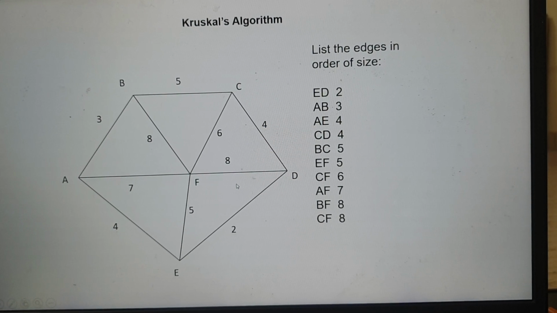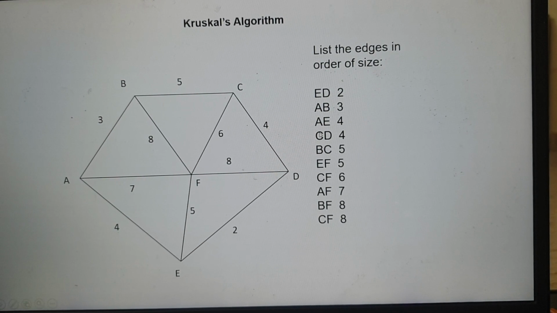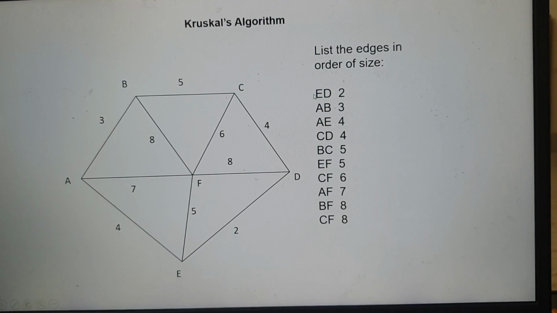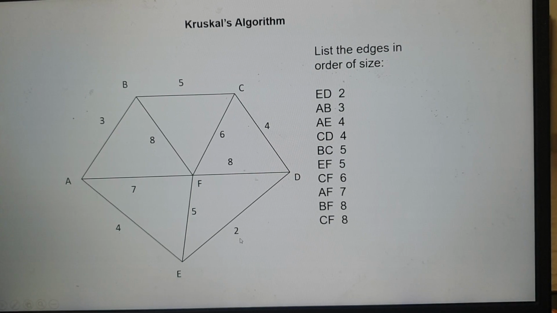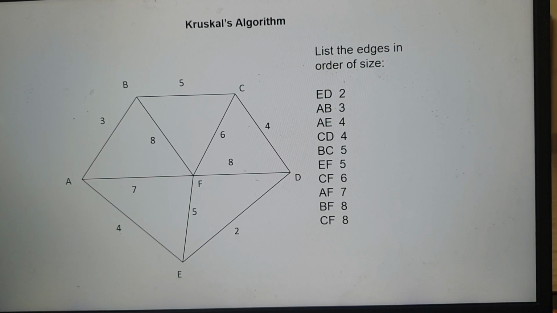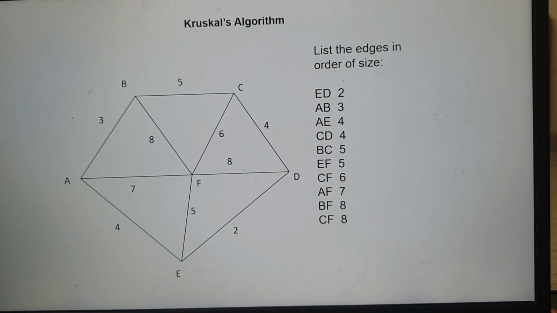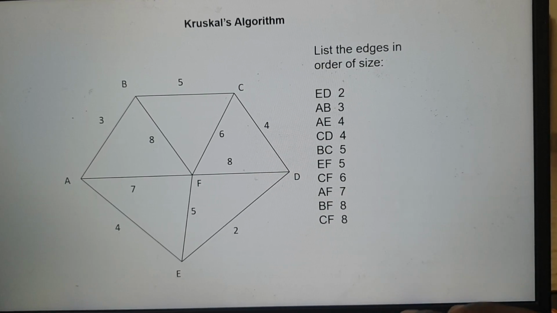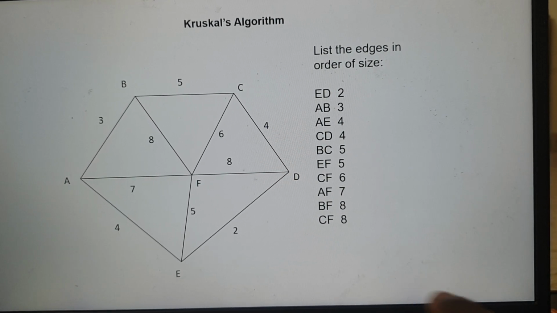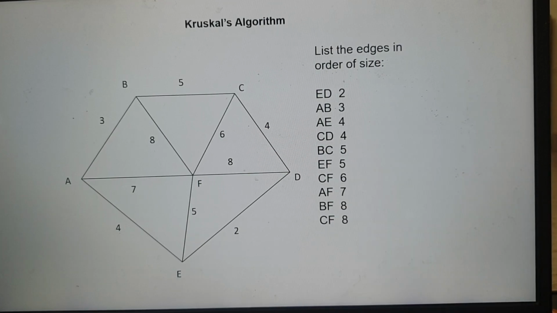Now going for step 2, take the edges one by one and draw the line. If it forms a circle, that is if it forms a loop, you need to remove that edge, else you just keep on adding the edges, and once you touch all the vertices you need to stop. These are the only two factors you need to consider.